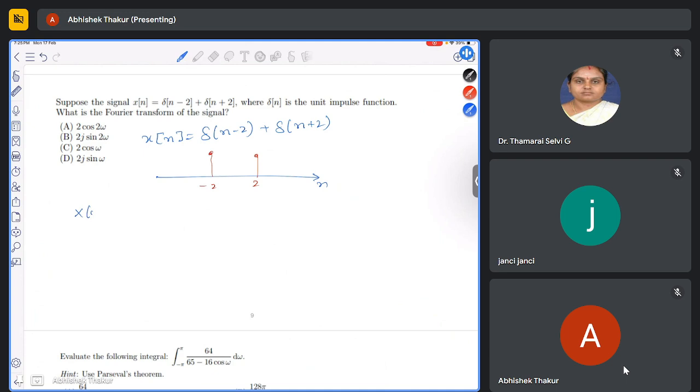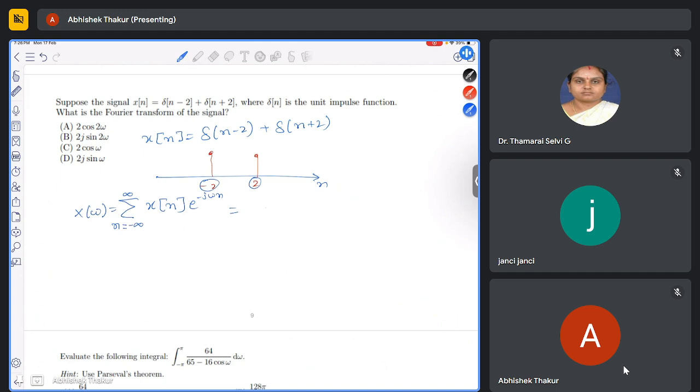We know that for the Fourier transform of x[n], X(omega) is given as the summation of x[n] e to the power minus j omega n, over n from minus infinity to plus infinity. Now when you substitute all these values, the values are at n is equal to 2 and n is equal to minus 2.